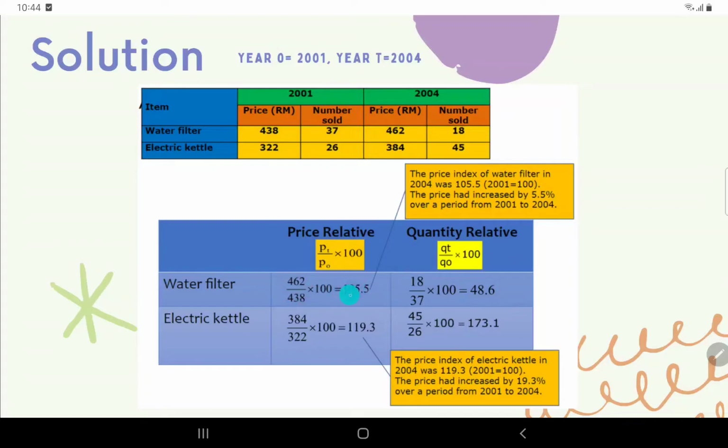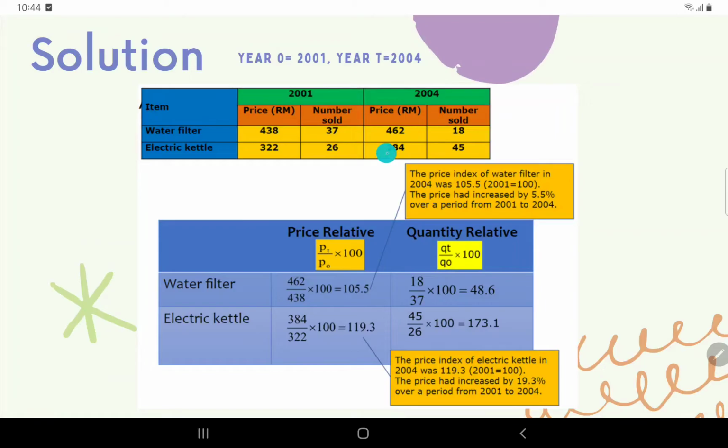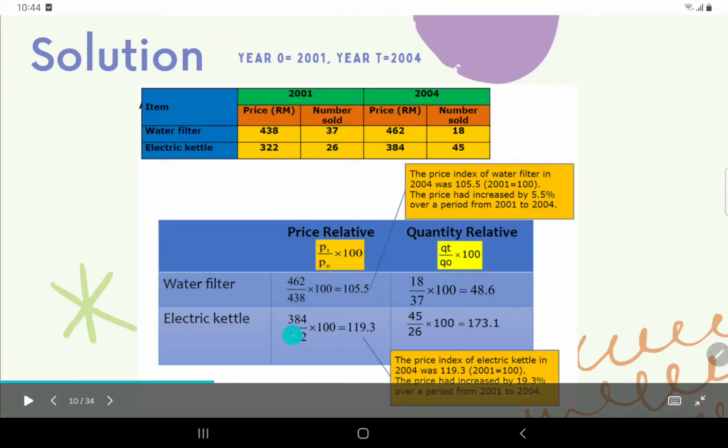So the answer is 105.5. And then for electric kettle, price for current year is 384 divided by price for base year, which is 322, and then times 100. The answer is 119.3.